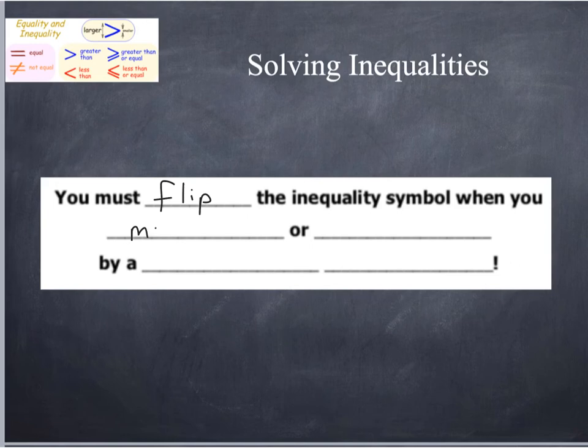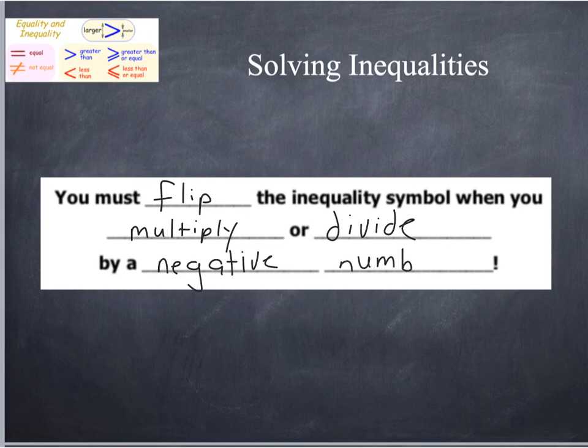When you multiply or divide by a negative number. And I'll show you why that's true tomorrow. But anytime you multiply or divide both sides of an inequality by a negative number, you must flip the sign.